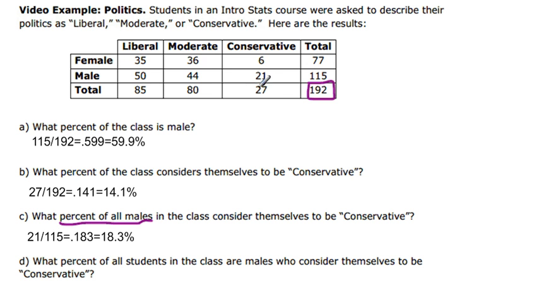So we're not going to take 27 because we don't care about all conservative students. We just care about the males who are conservative. So we're taking 21 out of 192. That gives us 0.109 or 10.9%.